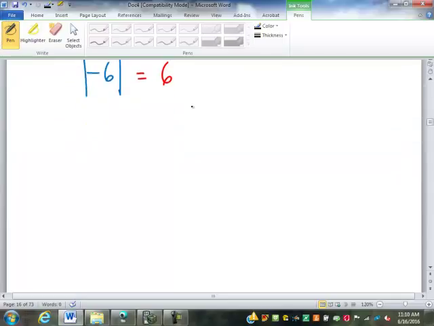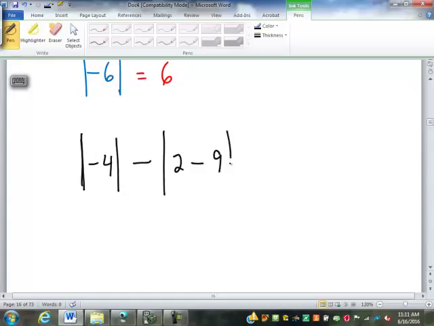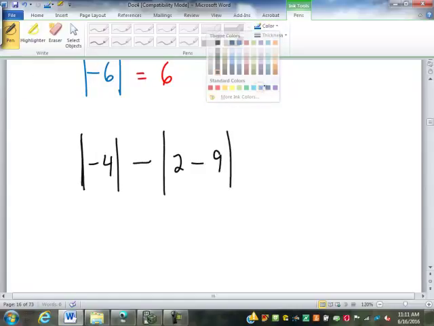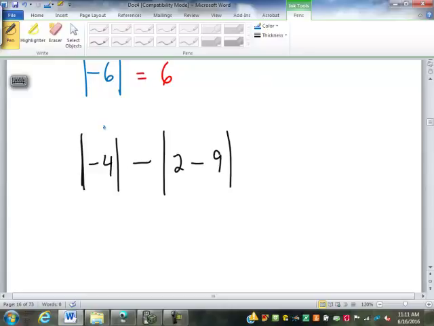But we can have a problem like this. Here, there's 2 absolute value symbols. Just like with parentheses or anything else in our order of operations, we go left to right. So we're going to do this one first.